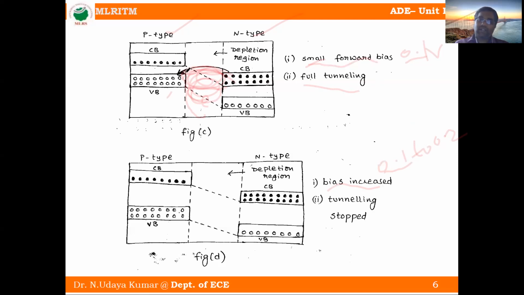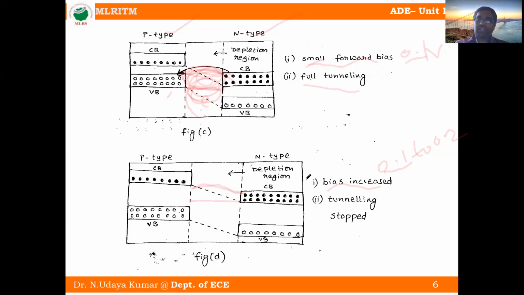See here, levels are equal for a small forward bias. If bias is increased, the conduction band moves further. Now there is no equal level, so there is no movement of electrons, so there is no current.